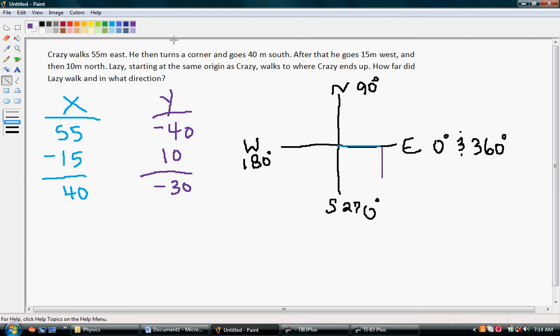Okay. So what we want to know, this is Crazy's path. Lazy, being lazy, starts at the same place, but he just walks right to where Crazy ends up. So what we want to know is, how far did he walk here?